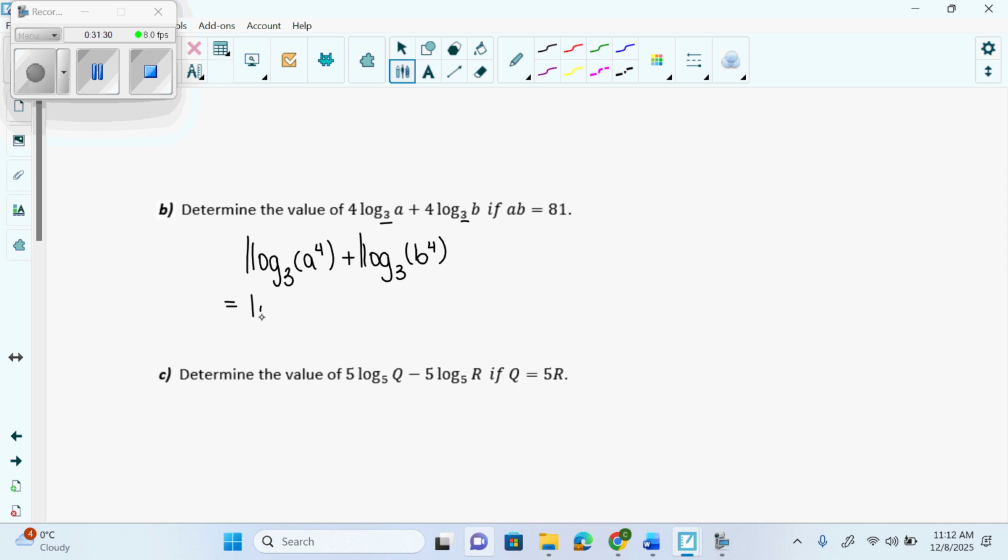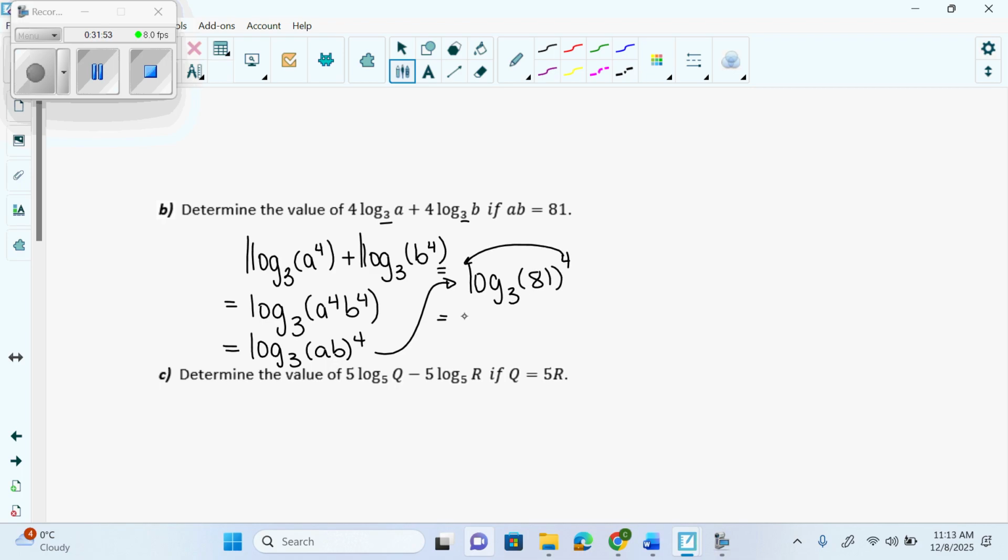So I get log base 3 of a to the 4, b to the 4, which is log base 3 of a, b to the 4, which gets me log base 3, 81 to the 4. I can drop the 4 in front. So I get 4 log base 3 of 81, which is 4 times 4.